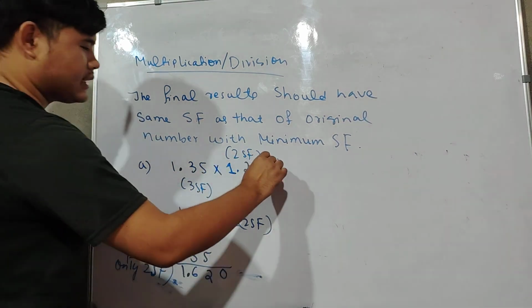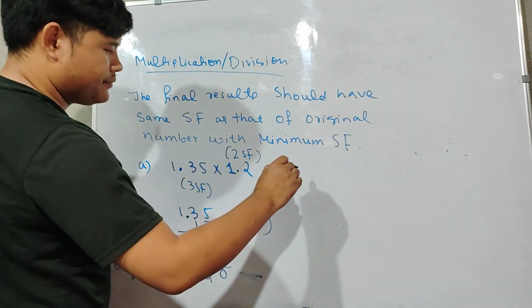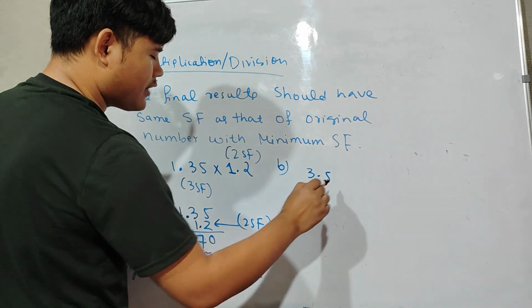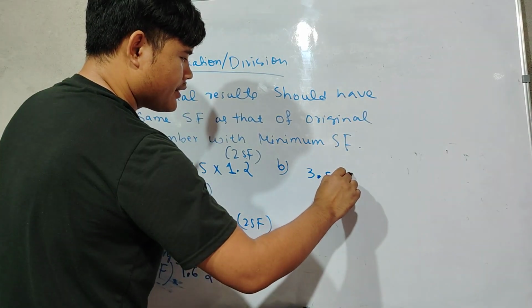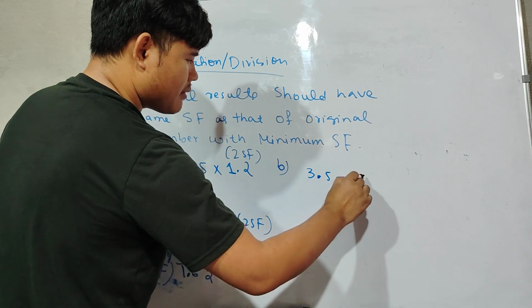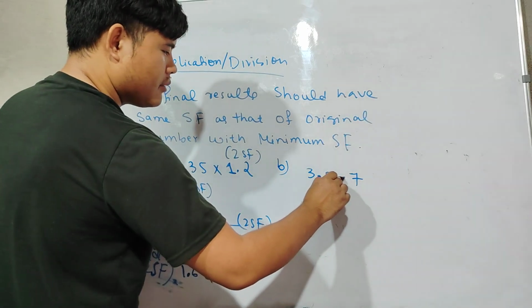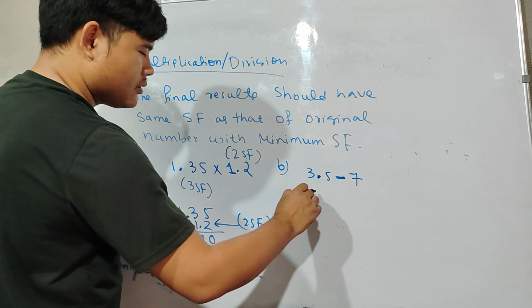Similarly, let's do one example of division. Suppose we have 3.5 divided by 7. So how much will you get?